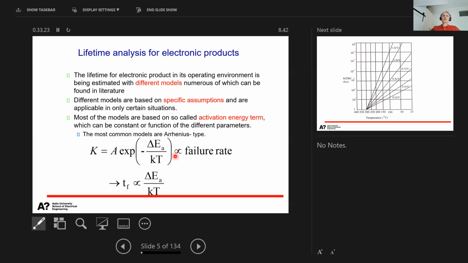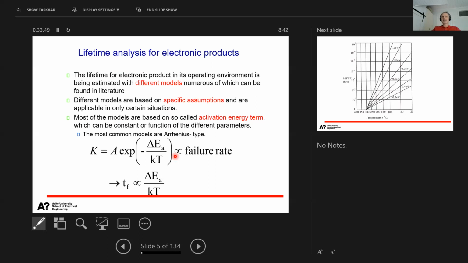But anyway, what I want to say is that as we have a huge number of different types of environments, of course we need different types of models. That's maybe even a drawback in reliability engineering, that we have too many models and too many equations, because we don't have this kind of theory, as I said last time.